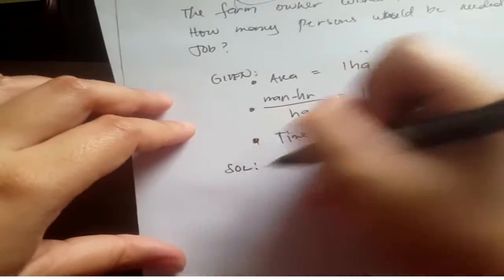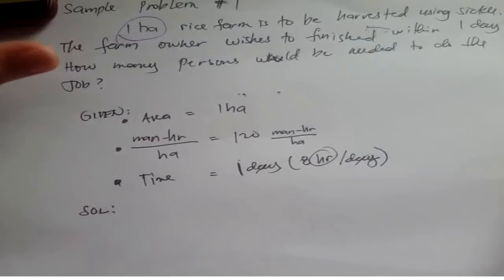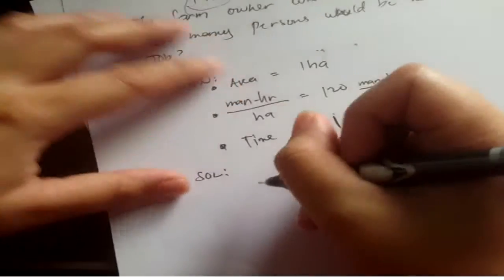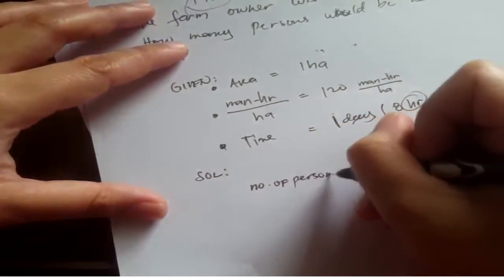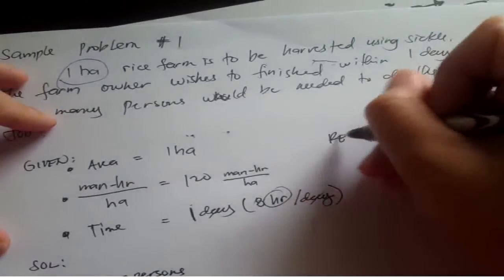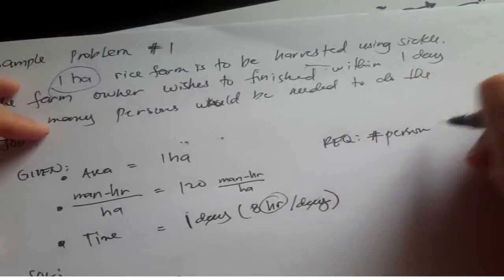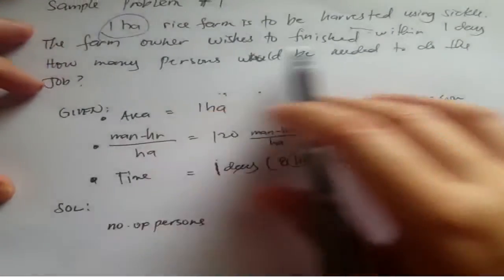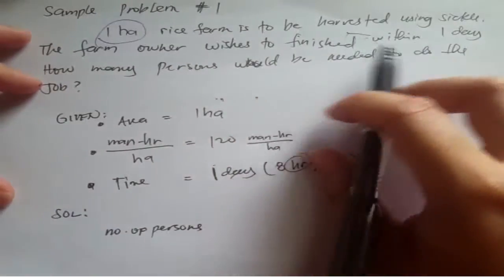For the solution, first establish your formula. Your unknown is how many persons the owner needs to hire in order for the job to be done within one day.